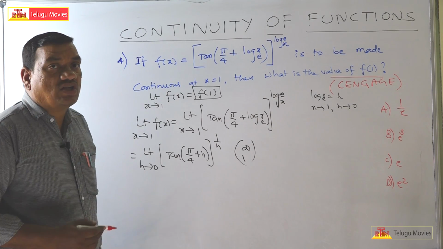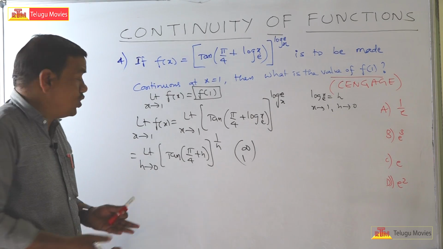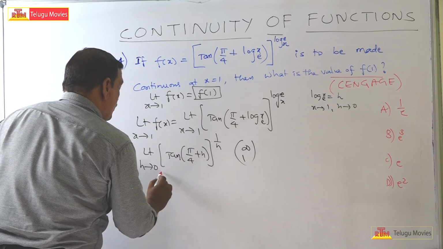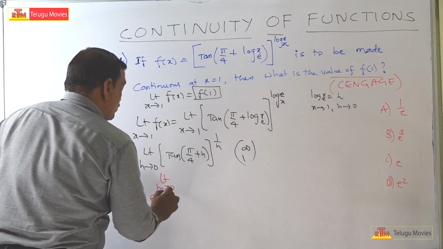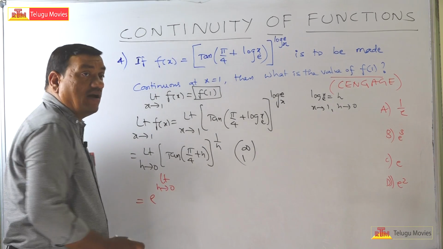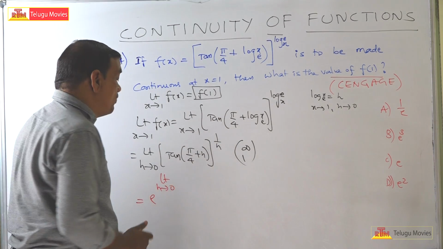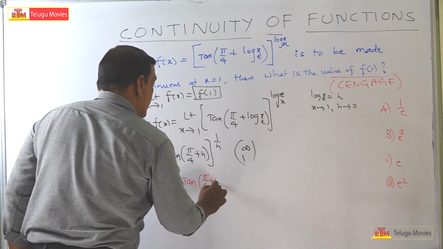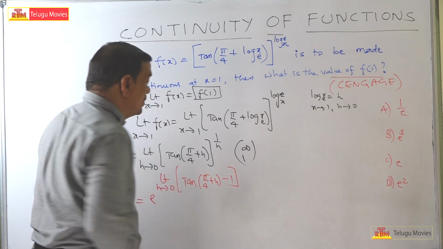In the previous class I explained how to solve this. The total expression you raise to e, that is e to the power of limit h tends to 0. Whatever may be the base, you subtract 1, that is tan of pi by 4 plus h minus 1.